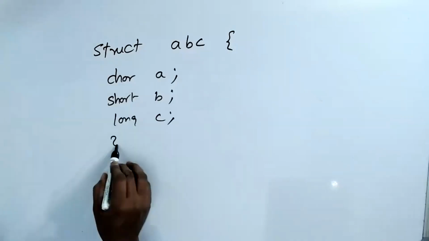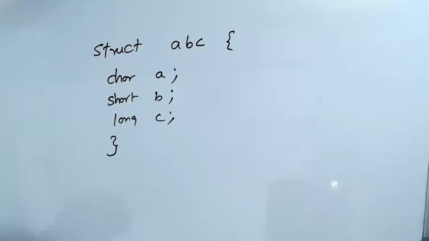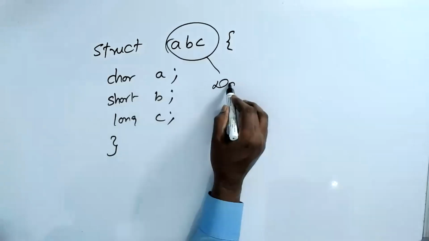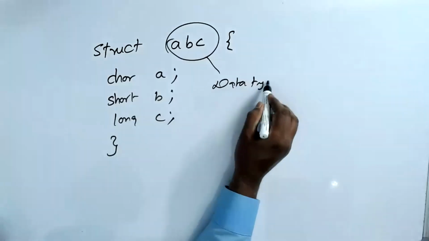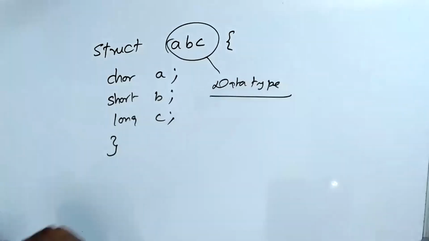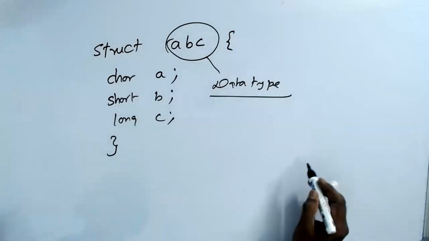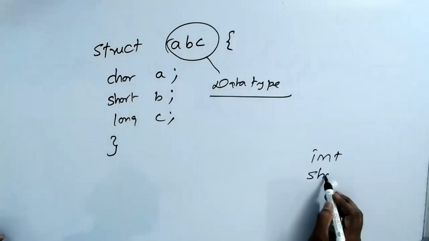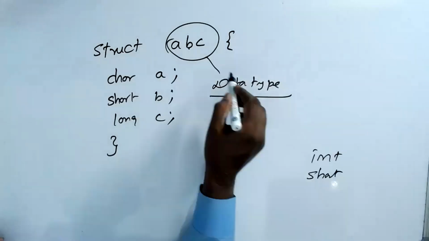Now you have created a new data type, like int, short. ABC is a new data type. So you have to use it like this.